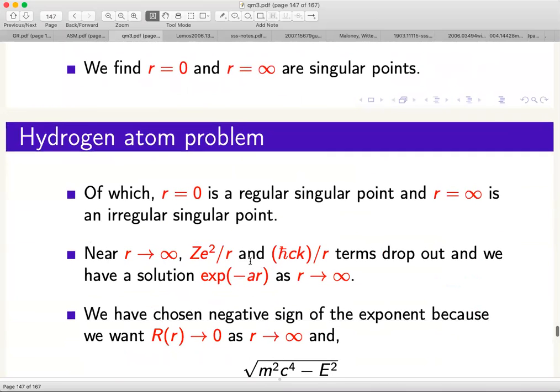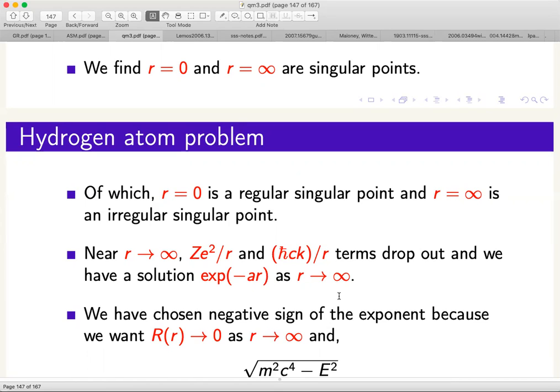We chose one particular sign because we want our solutions to be well behaved, or what in quantum mechanics we say, we want our wave functions to be square integrable. So here, at r going to infinity, far away, we know the form of the function.